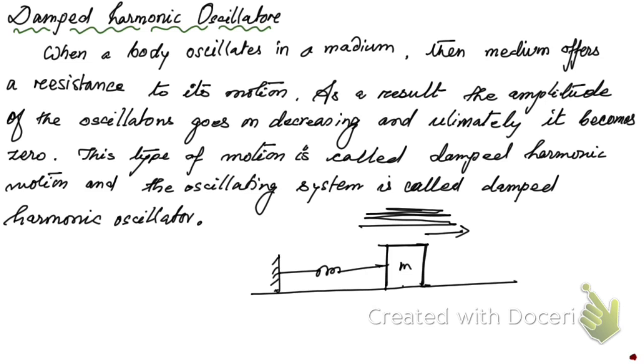But in its oscillation, due to the friction between the contact surfaces of the block and this horizontal plane, the amplitude, the maximum displacement from the mean position towards the extreme point, decreases. In the first oscillation, suppose it reaches this point; in the next oscillation it will cover less distance, less displacement compared to the first oscillation.